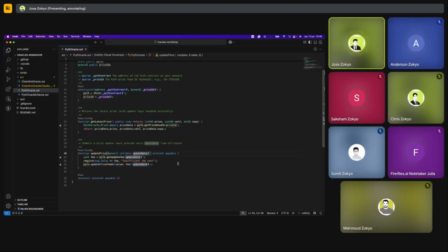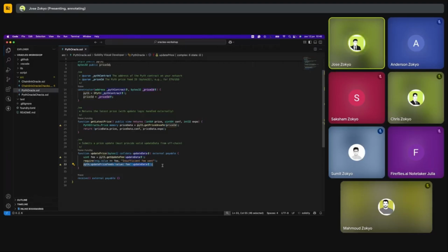As we mentioned when we were looking at the tables, the prices from Pyth are generated off chain by some trusted authorities, and these prices are signed by these authorities. So when the prices are pushed here, the function from Pyth checks whether the pushed price was previously signed by a trusted authority.